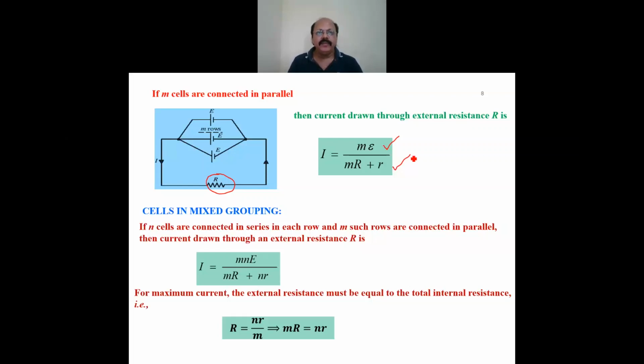Now if cells are connected in mixed grouping, means some cells are connected in series then parallel, how can you find out the maximum current?